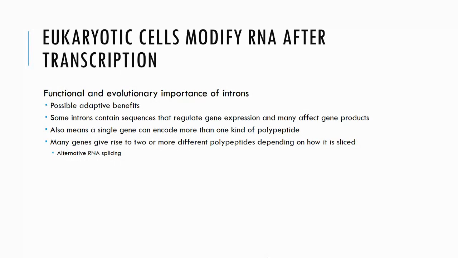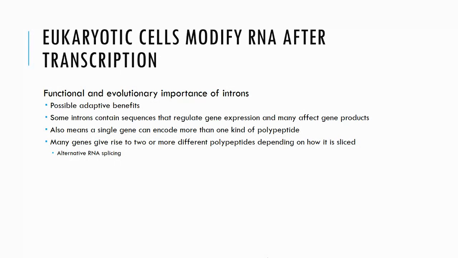Introns are important for lots of reasons. One, there are possible adaptive benefits. Two, some introns contain sequences that regulate gene expression and many gene products, even if they're not part of the overall protein. That also means that a single gene can encode for more than one kind of polypeptide.